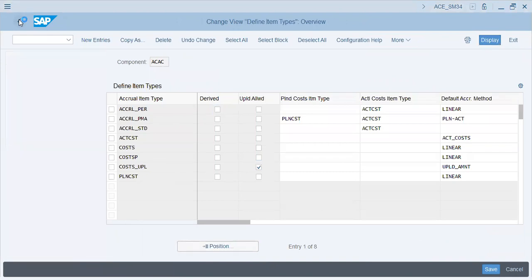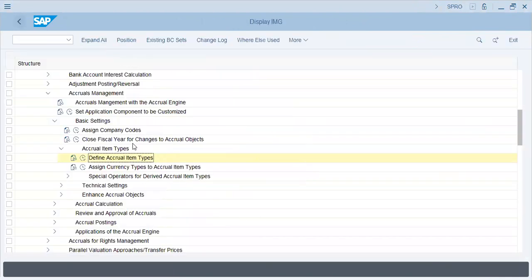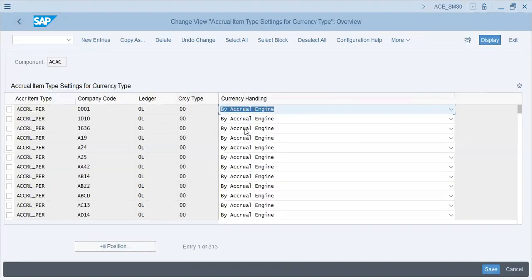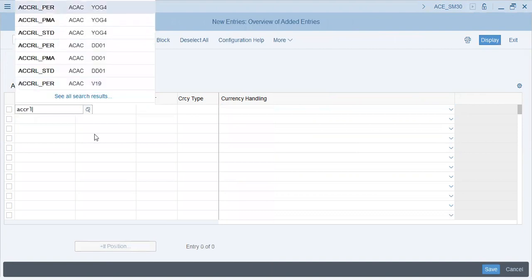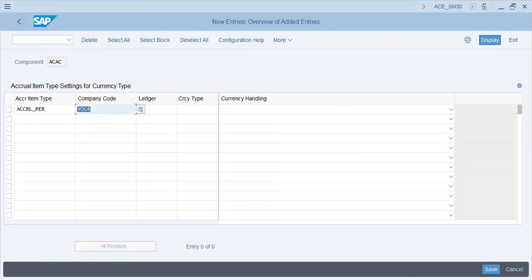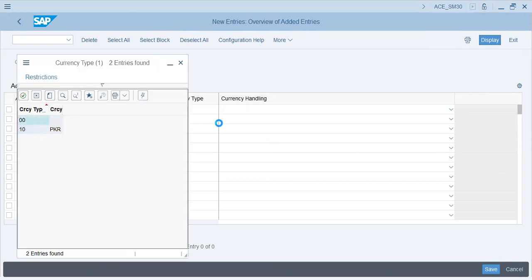Let's go for the next step, and that is assign currency types. Okay. Company code, new entries, accrual, periodic, AA42, ledger 0L, currency type will be company code, 10 PKR.